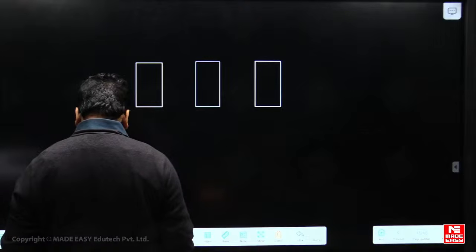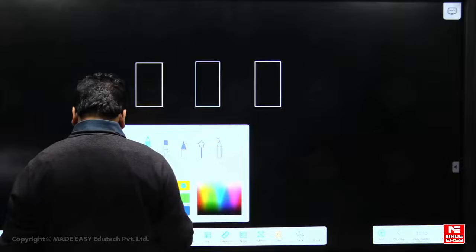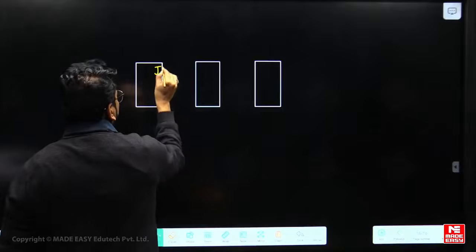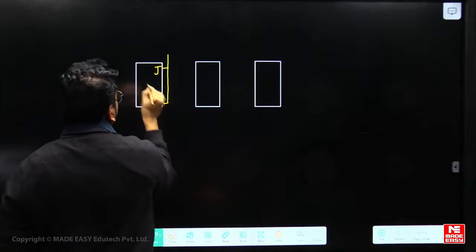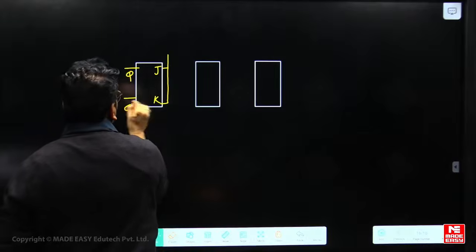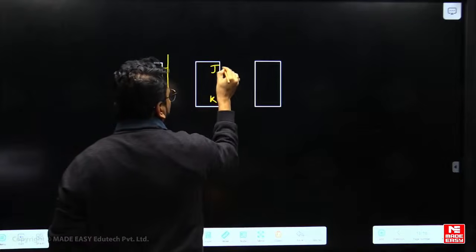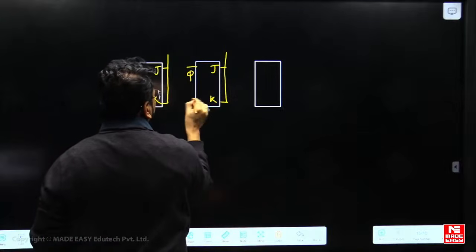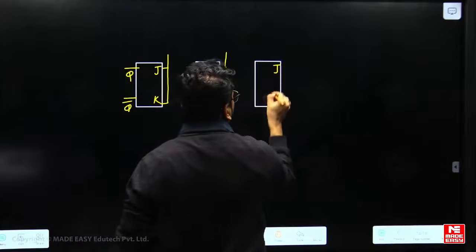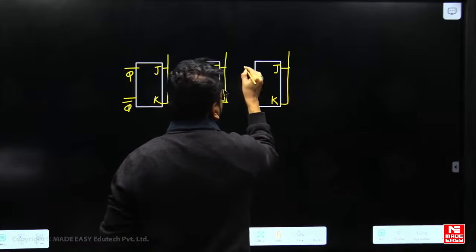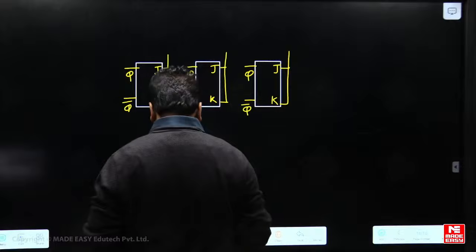Now the question here is given like this. This is Q bar, J K, Q bar, Q bar like that.